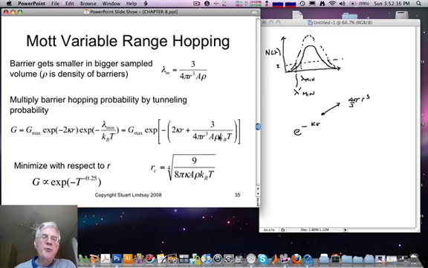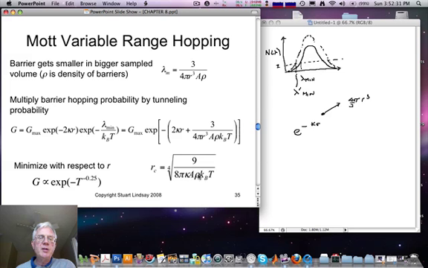It's left as a problem for you to do in the back of the book, to take the derivative with respect to r, set it equal to 0, and find that the optimum range for hopping goes as the 4th root power of temperature.